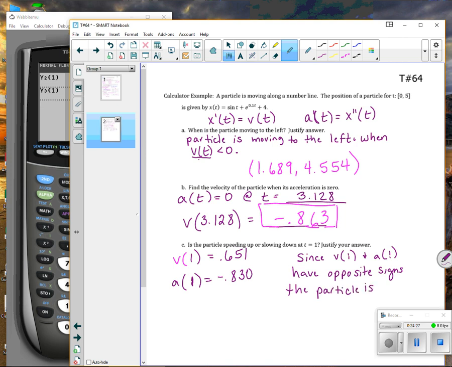But what most people do wrong most of the time is they only get velocity and they say, oh, velocity is positive, so it's speeding up. Remember, speeding up or slowing down, you have to look at the velocity and the acceleration.